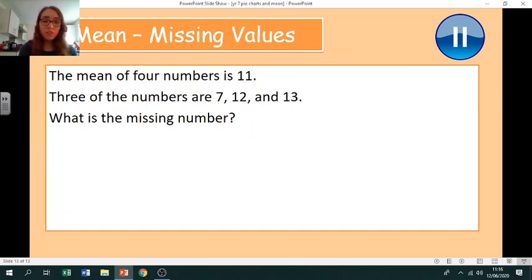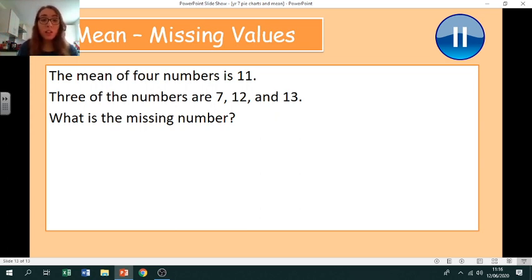So it says the mean of 4 numbers is 11. So 4 numbers in our list. The mean is 11. We've got 3 of those numbers already. What is the missing number? So it's saying 7, 12, and 13, and then another number on the end that we don't know, which have to add up and then divide to get a mean of 11.